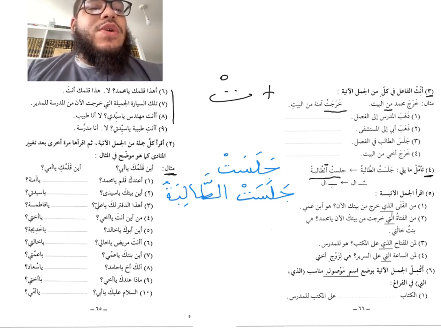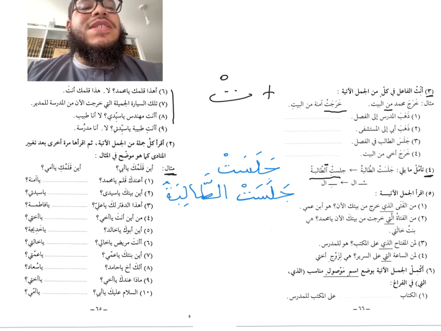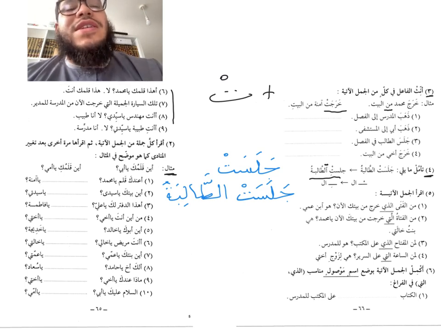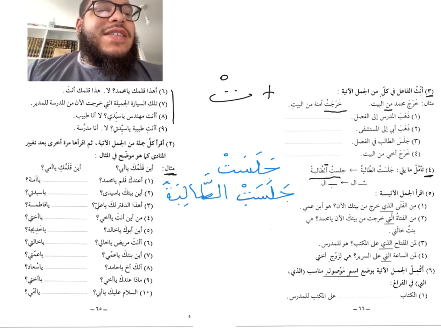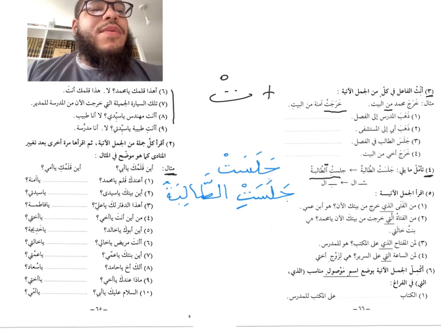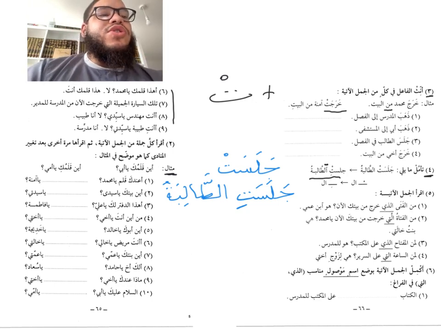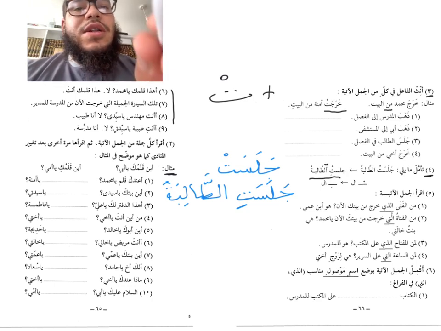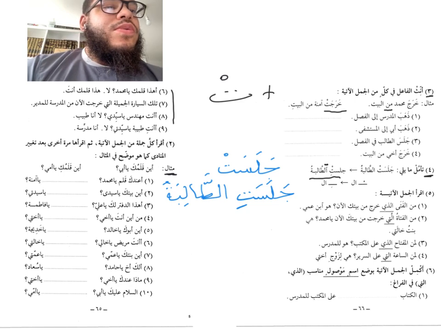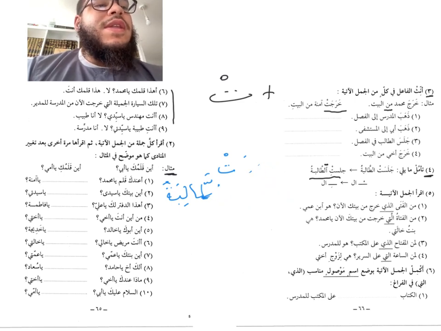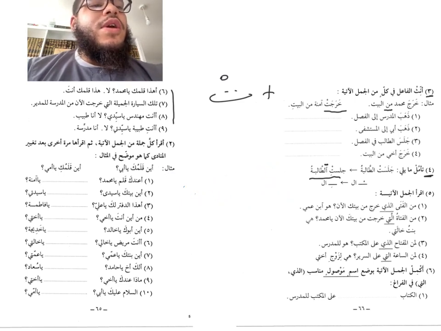When we have shadda as well, the first letter of shadda is sukoon. So now we need to be able to continue this sound. Jalasat at, this is too hard. So we say jalasat at-talibatu, and we get rid of this sukoon. That is just a helping vowel to make it smooth, inshallah. Okay? So that's that.